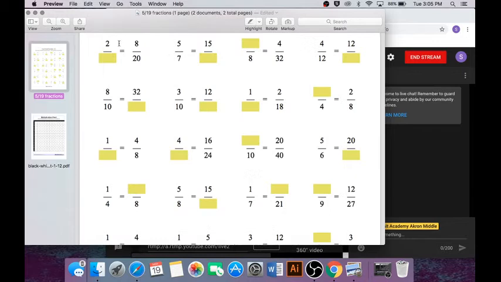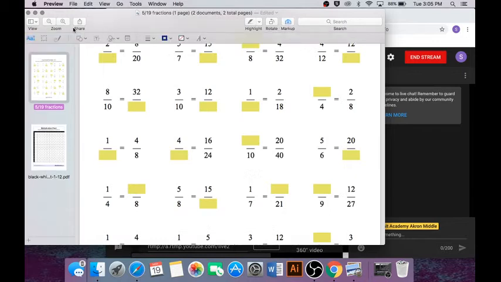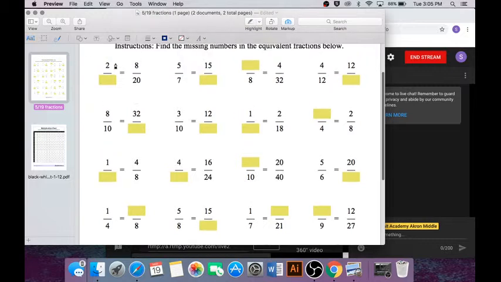So back over here, our first fraction was multiplied times 4. So that means that this number over here also has to be multiplied times 4 to equal 20.